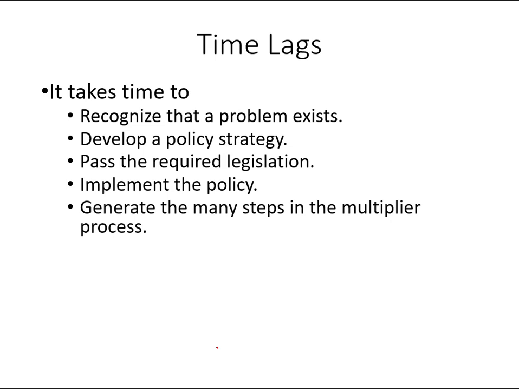Fiscal policy is somewhat hampered because it takes time to recognize that a problem exists and then formulate a policy to address it. In addition, the very nature of the macro problems could change if the economy is hit with other internal and external shocks. So that's the second main problem for fiscal policy, the time lags.